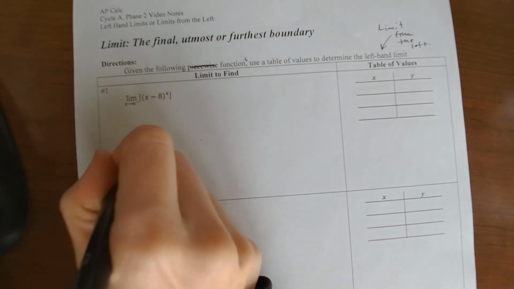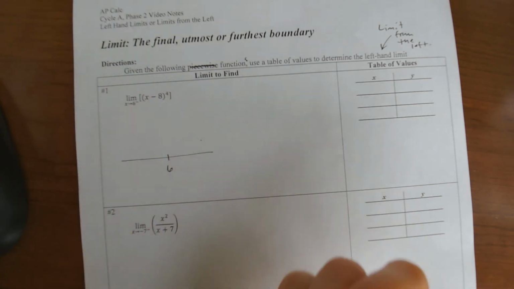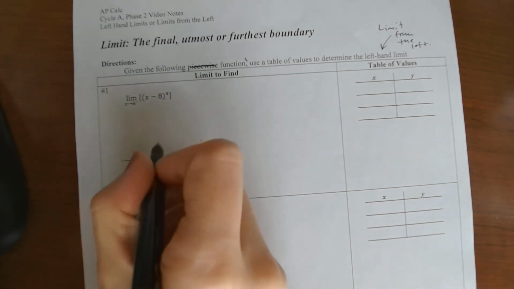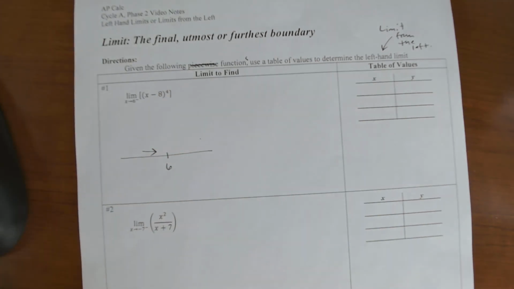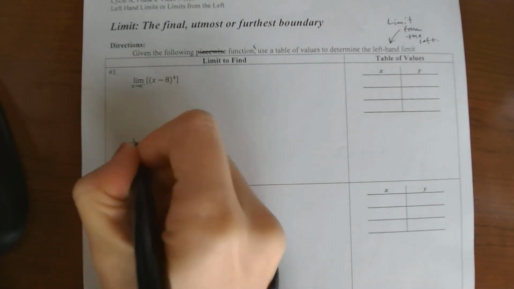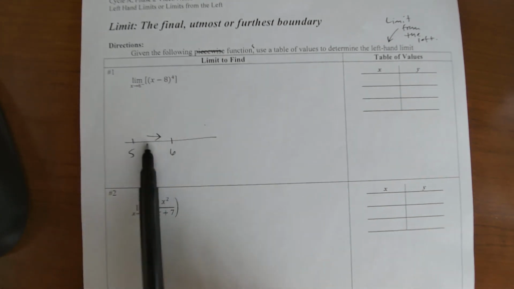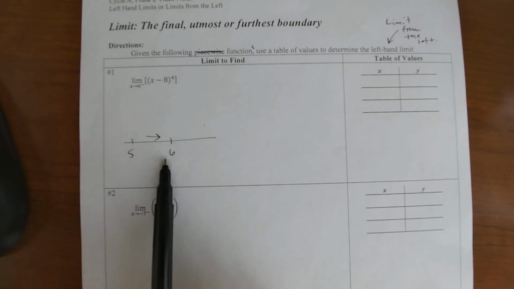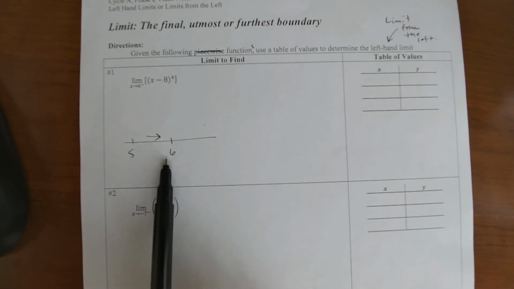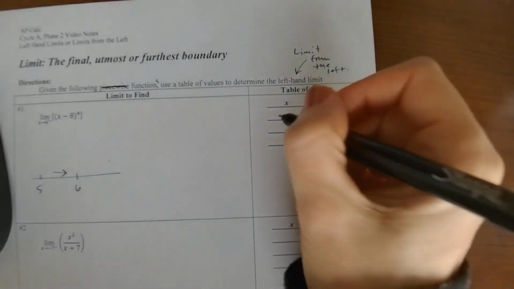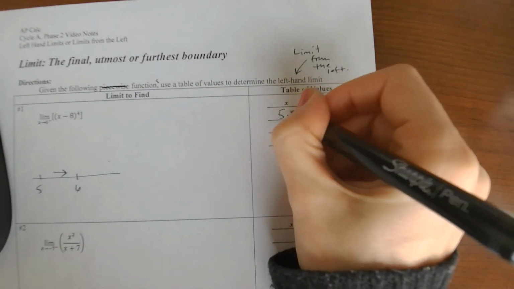So here's 6. x is approaching 6 from the left-hand side. And here's 5, over there. You don't want to start at 5. You want to start pretty close to 6 to begin with, for example, 5.9. So we'll start with 5.9.